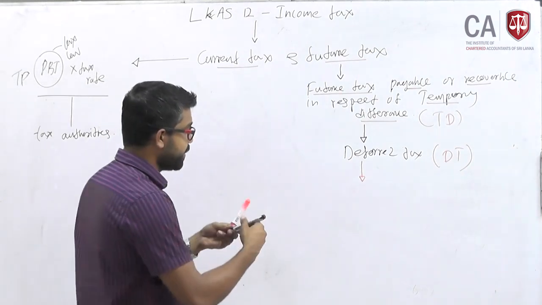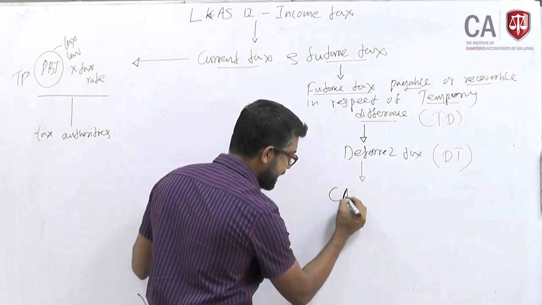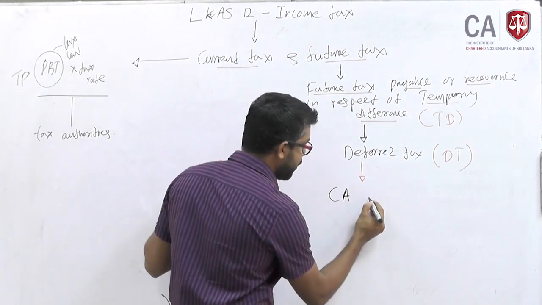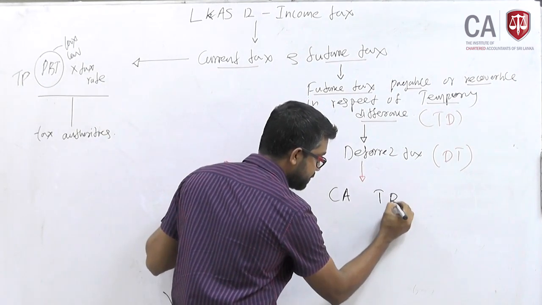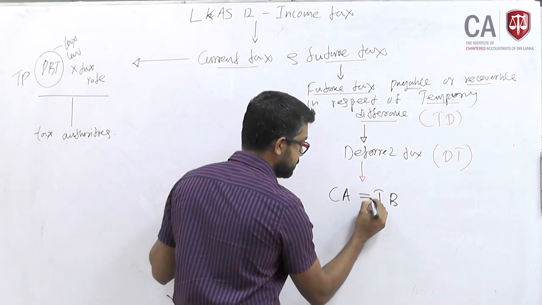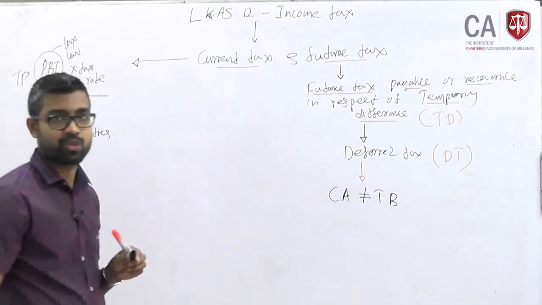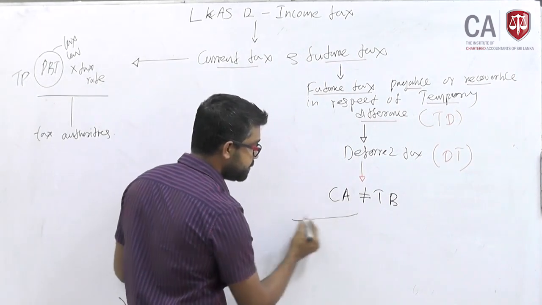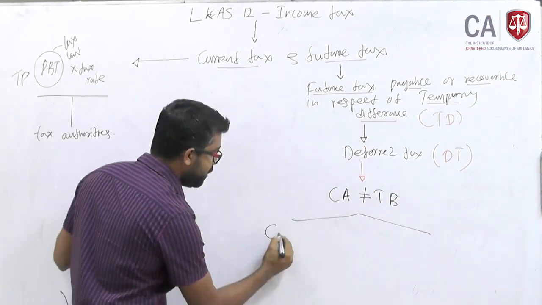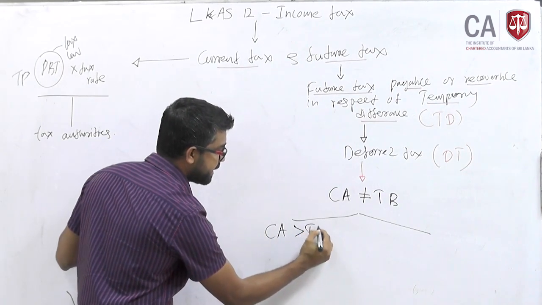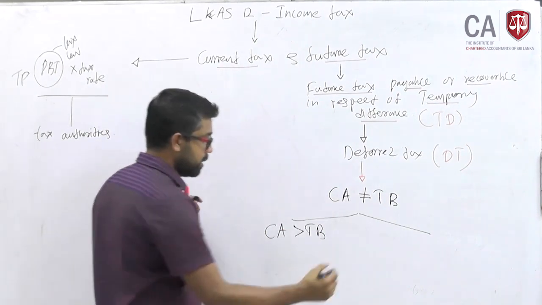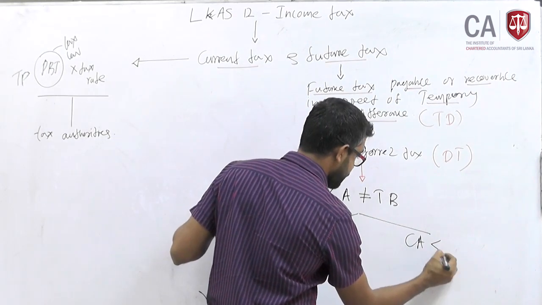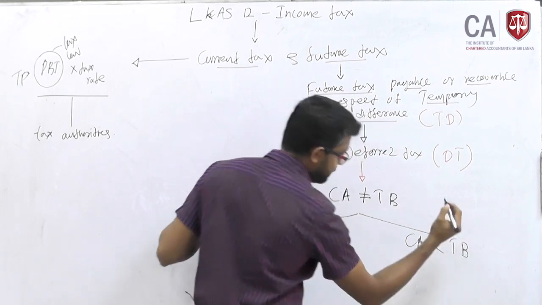A temporary difference means your carrying amount will be different from your tax base. It may not always be different, but it can be. So there are two outcomes here. Carrying amount can be higher than tax base, or carrying amount can be lower than tax base.